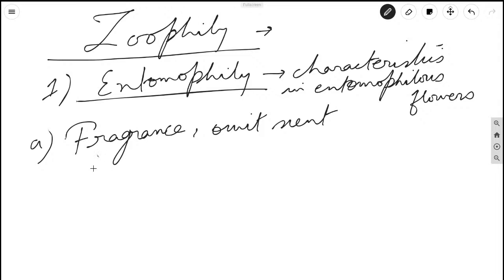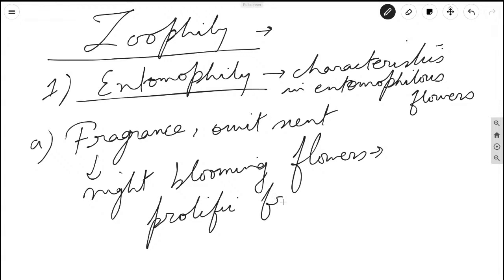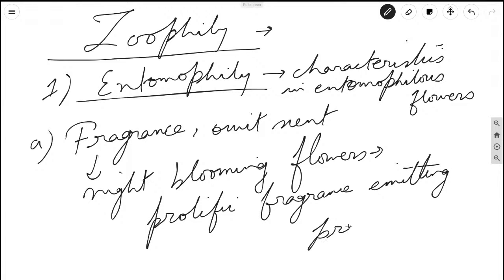So the night blooming flowers, you can call them, they do possess prolific fragrance emitting property.